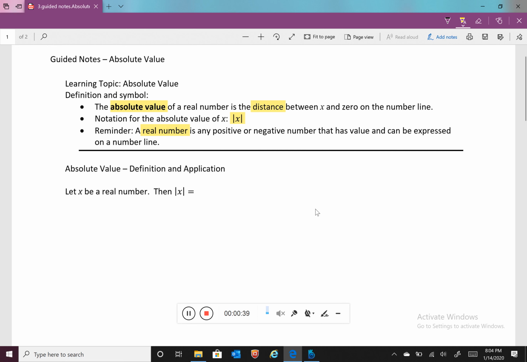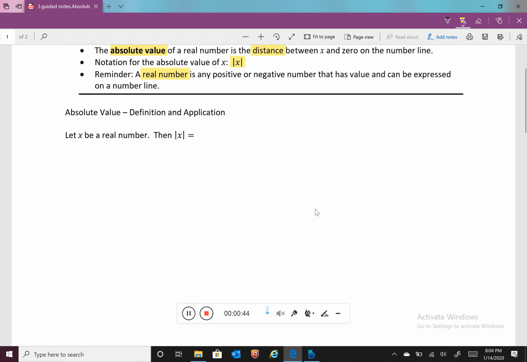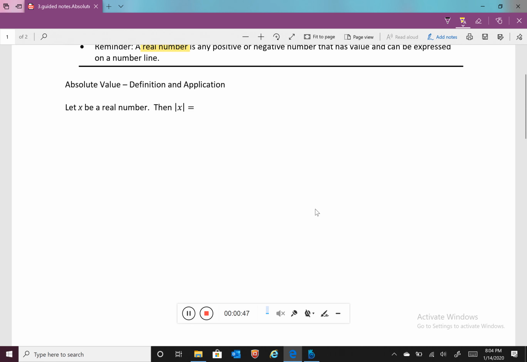So now we're going to jump into absolute value and look at both the definition and the application when we're letting x be a real number.